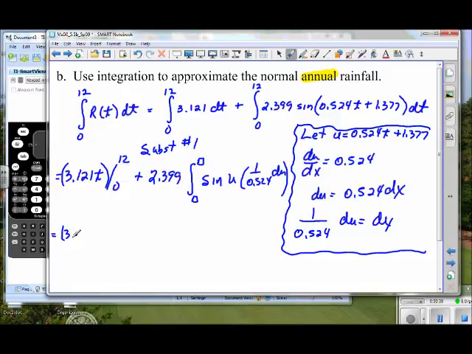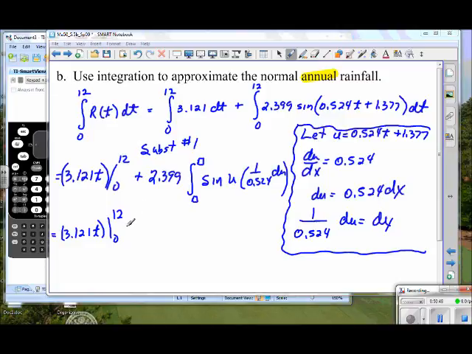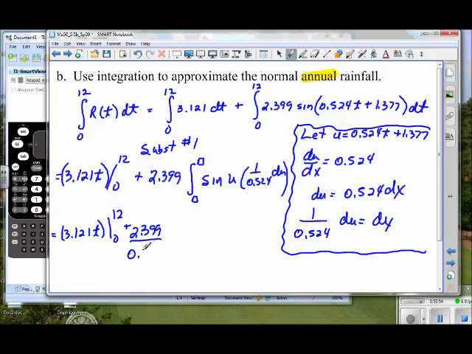We again would have our 3.121t integrating from 0 to 12. And we would have then 2.399 divided by 0.524. And we need to go back then and look at what is the sine of u.